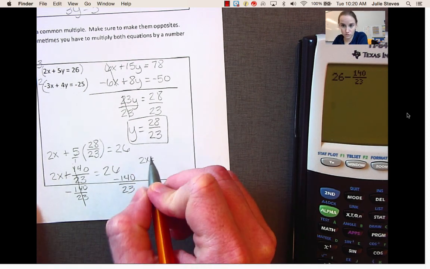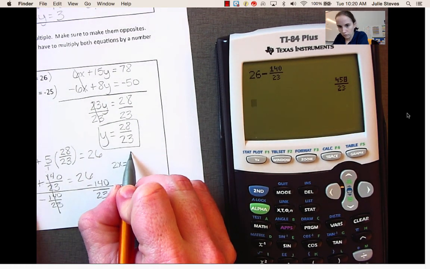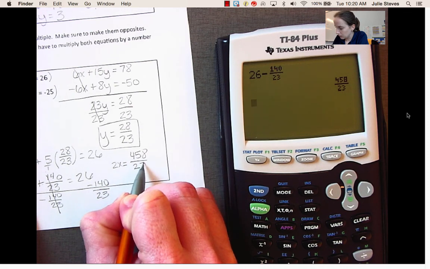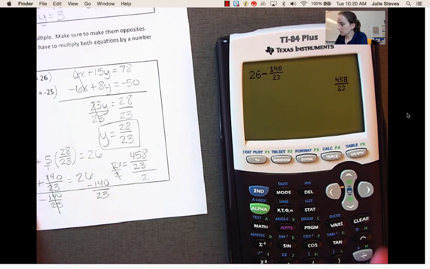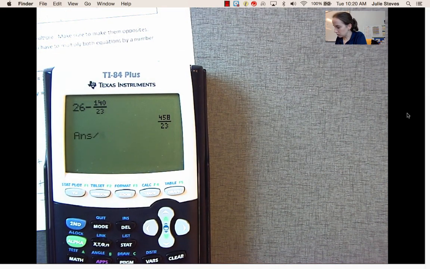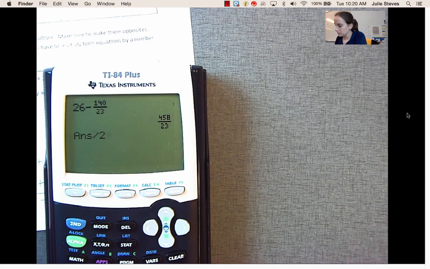2x equals 458 over 23, and I'm sorry for giving you such a horrible problem here. Divide this by 2. If we take our answer here and divide by 2, all I did was hit divide and it popped up take your answer and divide by 2.